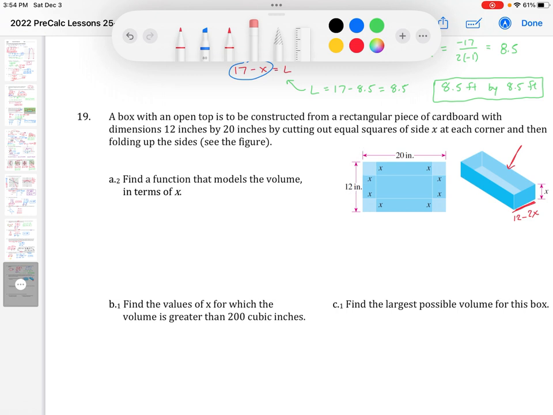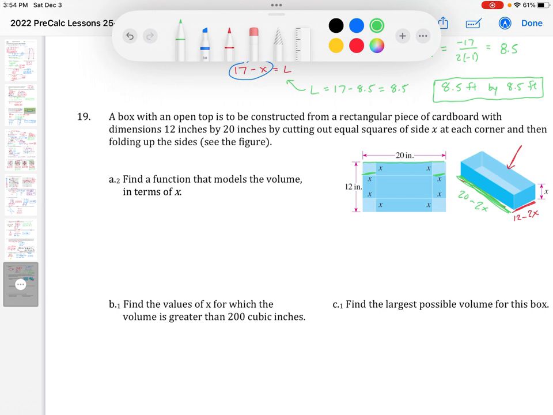This side right here, so this longer piece here, that side goes with this, and that's not 20. That's 20 minus this X here and this X here, which is 2 X's.